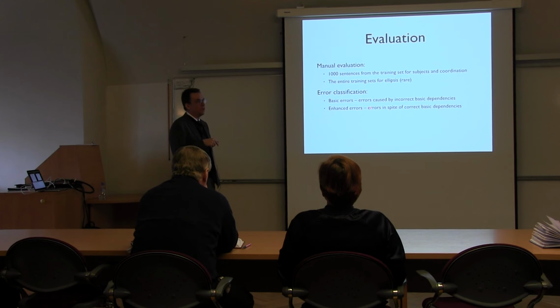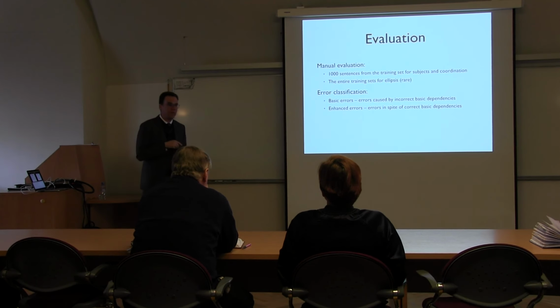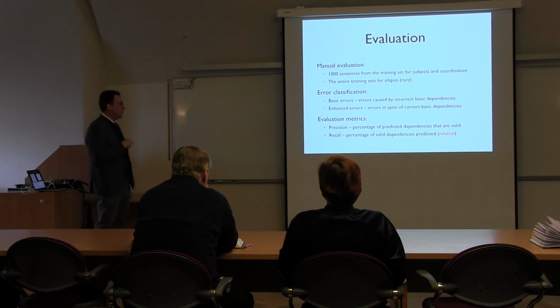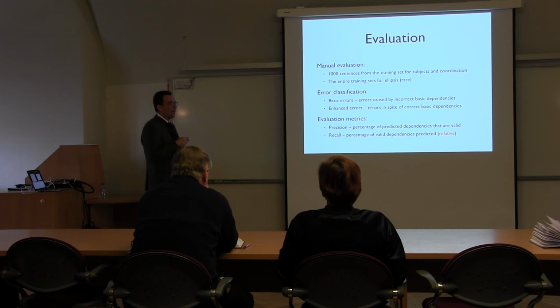The enhanced errors are the ones where we believe the enhancers have made an incorrect prediction despite the basic dependencies being completely correct. Since we're only looking at things that these enhancers predicted and saying whether they're correct or not, we can really only evaluate precision.